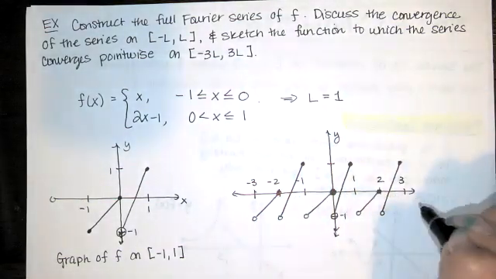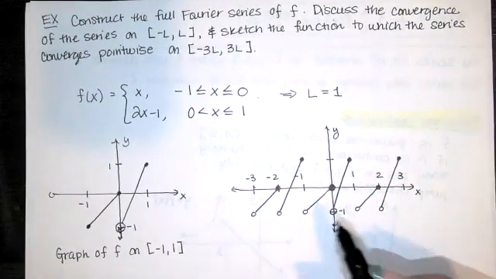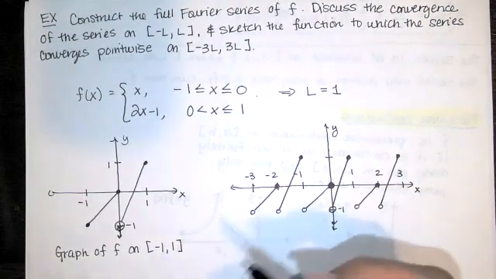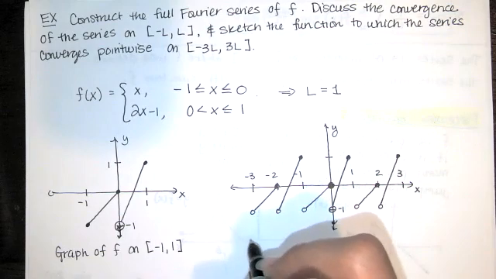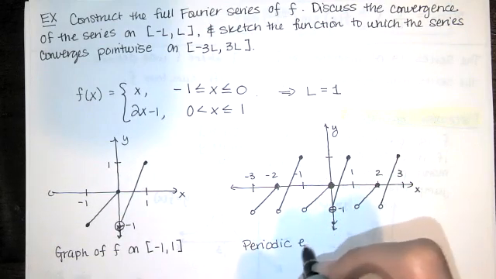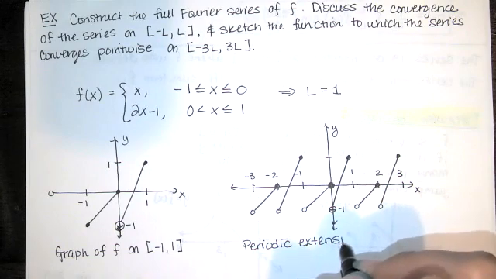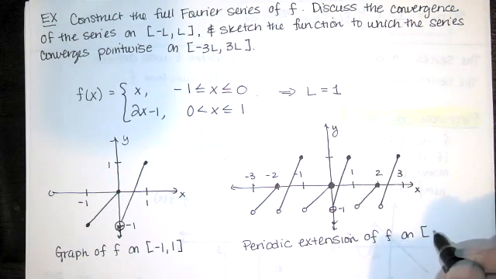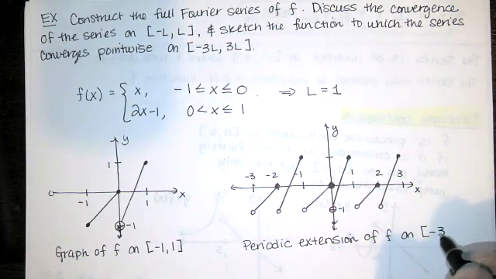Okay, here's y, here's x, and this is the periodic extension of f. It's three periods of the periodic extension of f on the interval from -3 to 3.